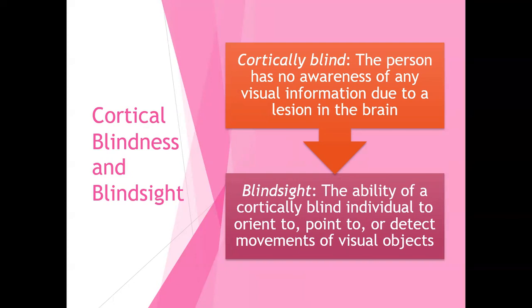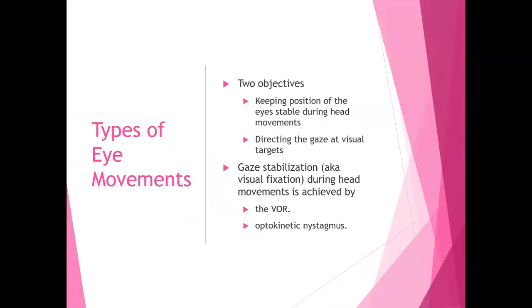So they don't have awareness of the visual information, but they can orient to it. And it's called blind sight, which is super interesting. And when we talk about CVAs, we'll talk about the symptoms of CVAs in particular areas.